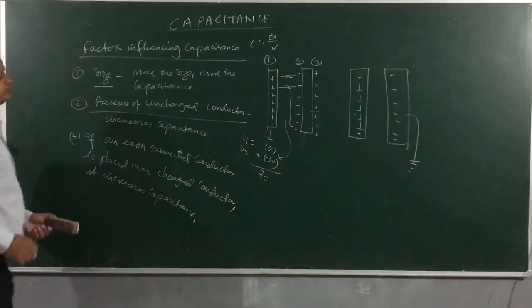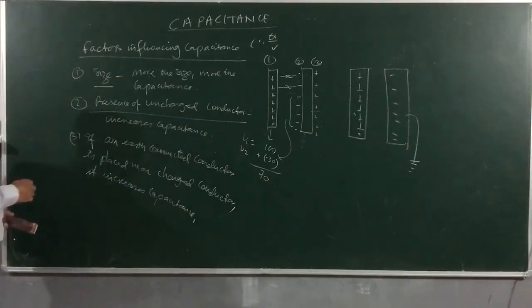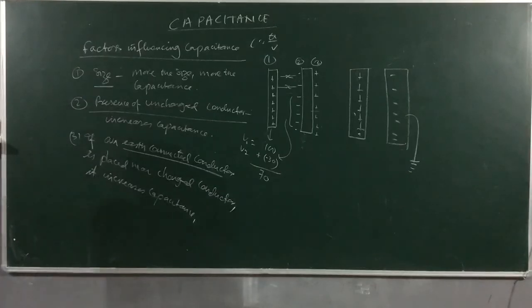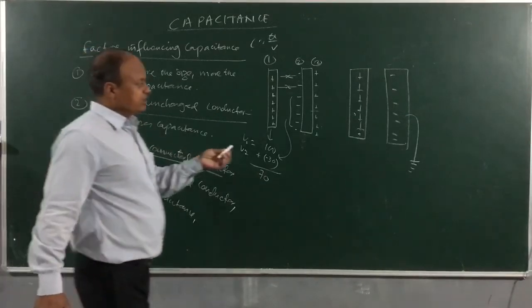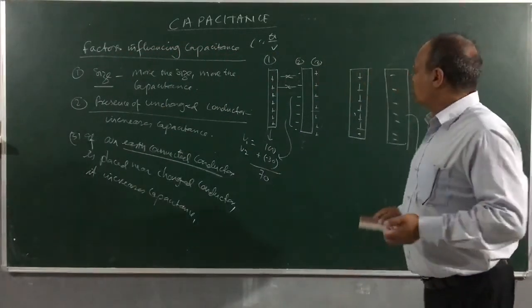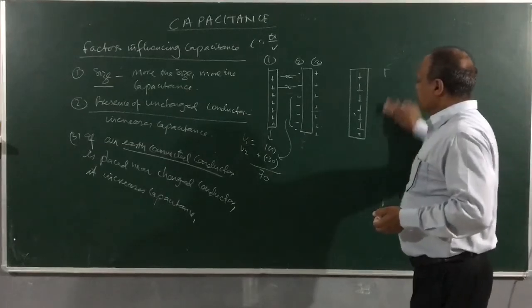And children, this final point, earth connected conductor is the best way to increase the capacitance of a given conductor. And this arrangement which you are seeing here, this arrangement is called capacitor, commonly also known as condenser.